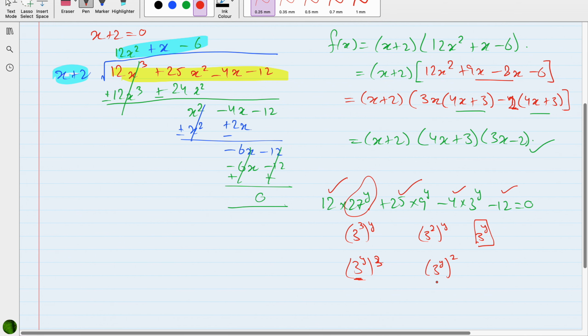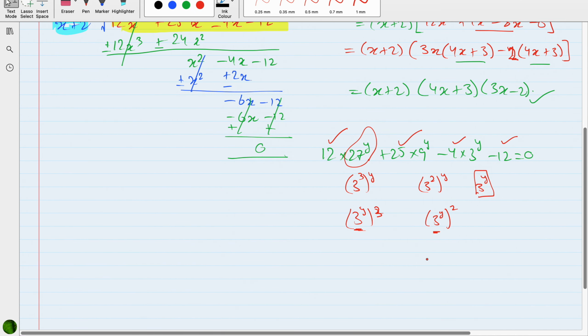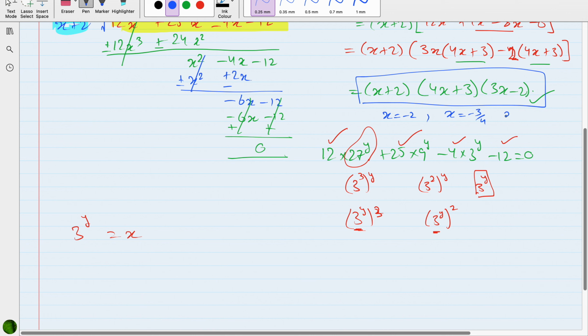So 3 raised to power y is equal to x. When we write this, we have different values of x from the given factors, which were x is equal to minus 2, x is equal to minus 3 by 4, and x is equal to 2 by 3.